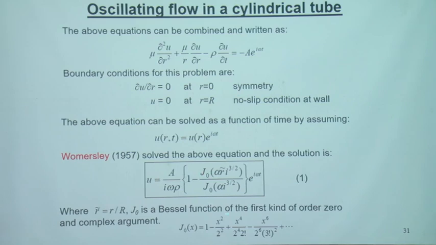This is the Bessel function of the first kind of order 0. And mathematically, the Bessel function is expressed like this. So with this given solution, one can make use of MATLAB or some other tools to solve the equations so that you can find the actual velocity profile.